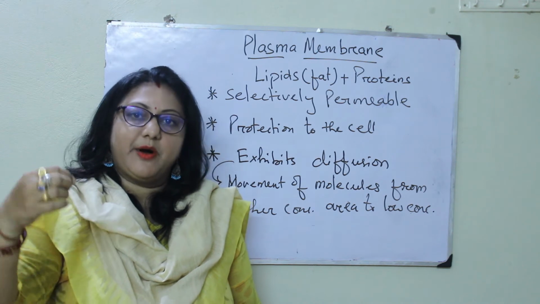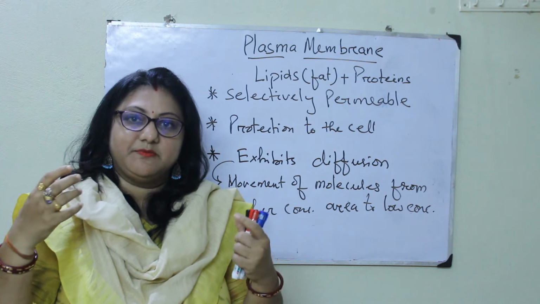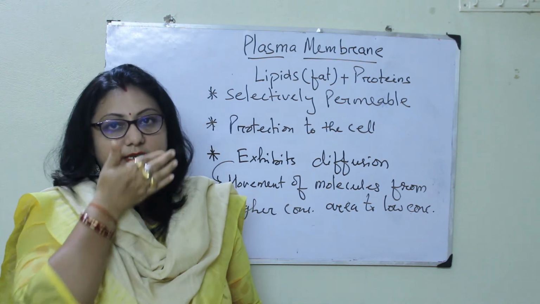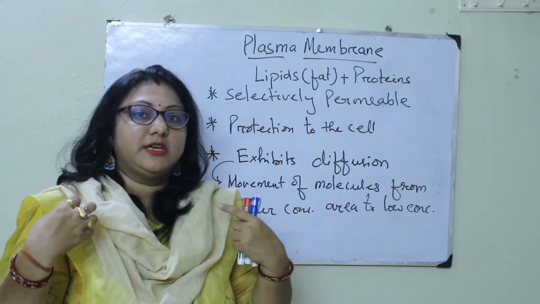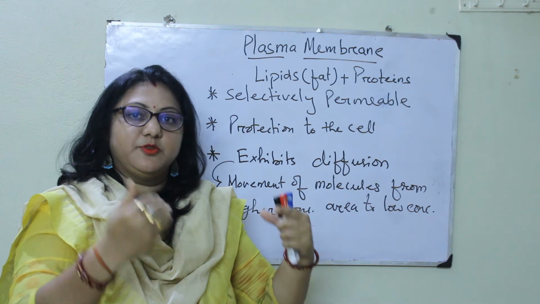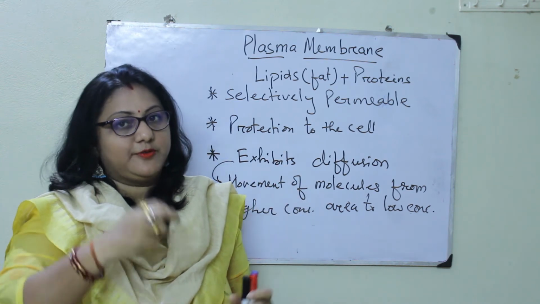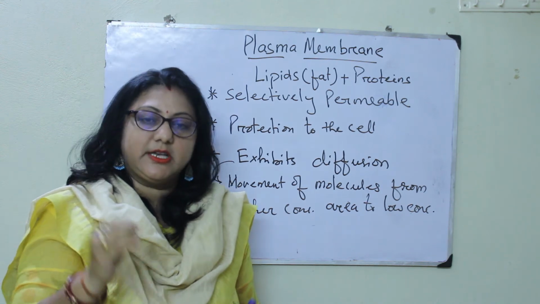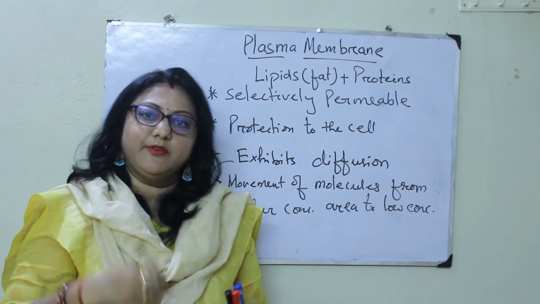The place where you have just lighted the incense stick becomes the higher concentration area. Now from the higher concentration area, the gaseous molecules will start moving to the parts which have a low concentration of the fumes of the incense stick. So this is the best, simplest example of the process of diffusion.